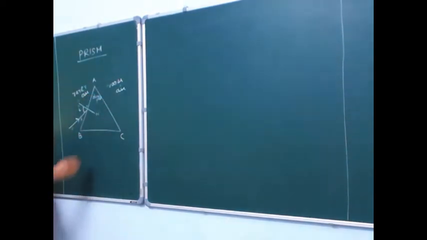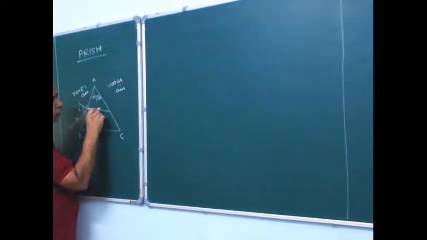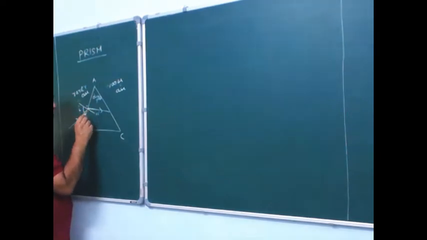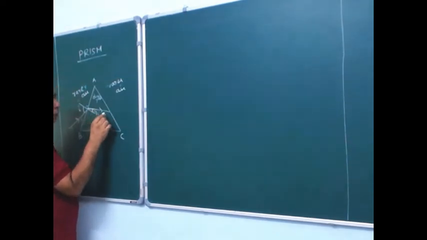Now the light travels from a rarer medium to a denser medium, so it bends towards the normal like this, and put the arrow mark. That is the refraction. You can put the angle subtended by the refracted ray to the normal as R, or R1. So this is R1, the first refracted angle.